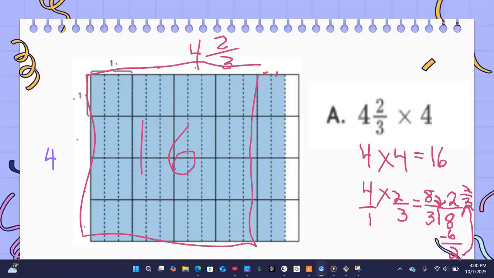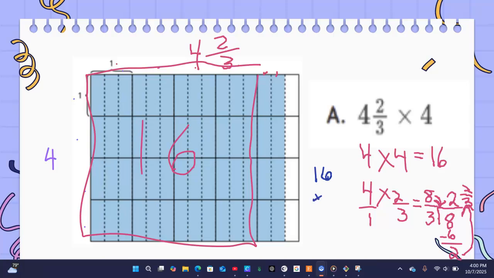And now we add those two numbers together. Let's change colors. So our first big rectangle is 16. It could also be considered a square because it's 4 times 4, it's equal.